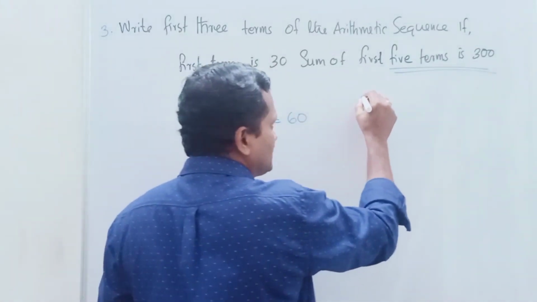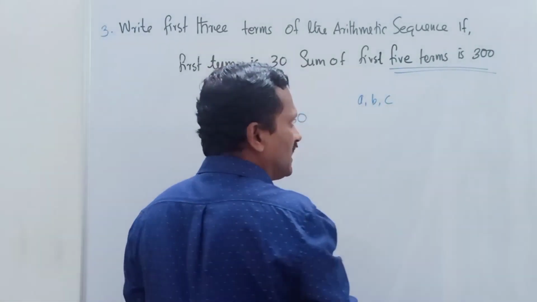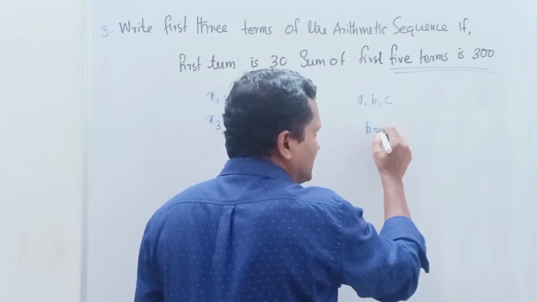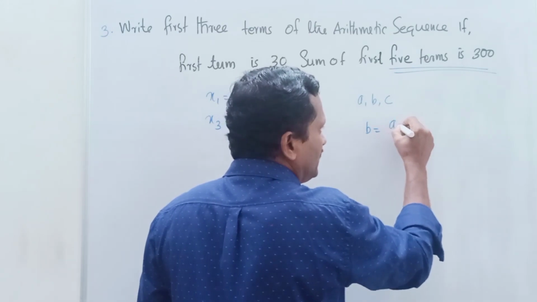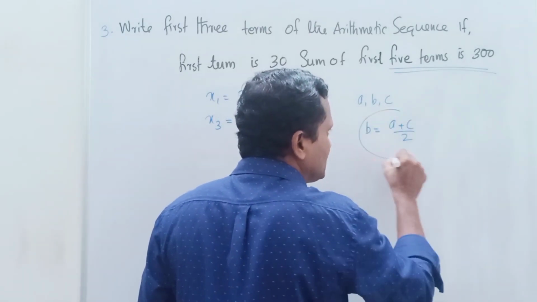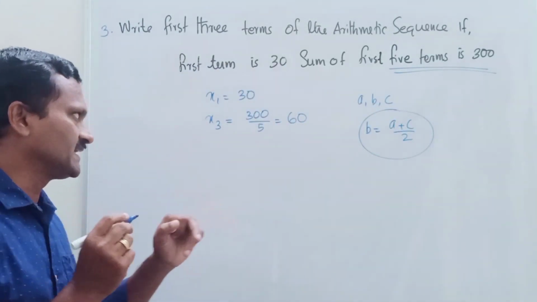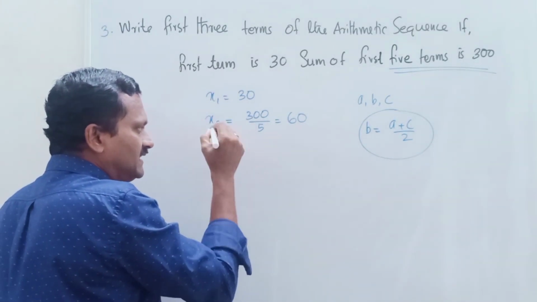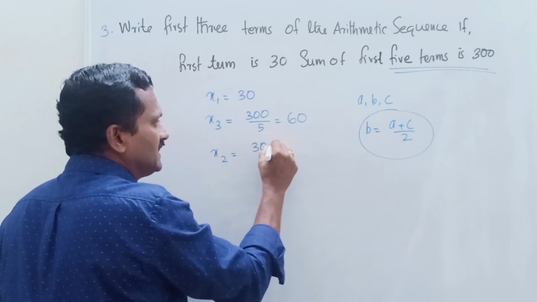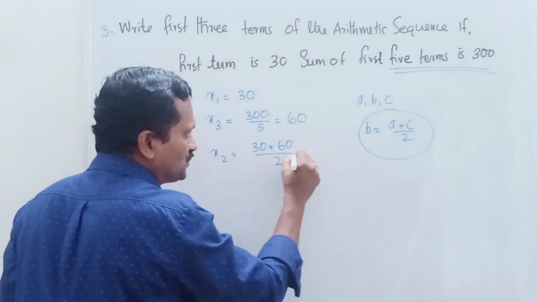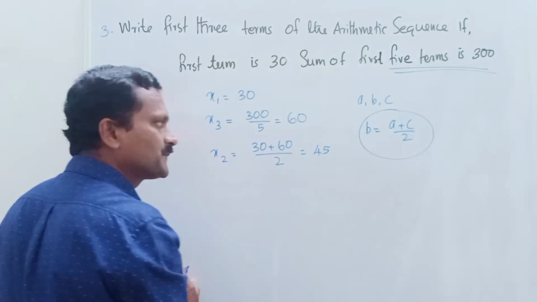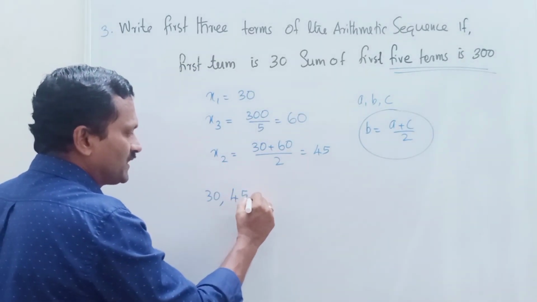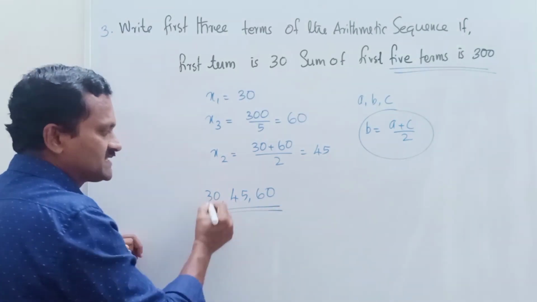Also we know that if a, b, c are three consecutive terms of an arithmetic sequence, then the middle term b equals a plus c by 2. Using this, here the first and third terms are given, then the second term equals 30 plus 60 by 2, that's equal to 45. Therefore, the first three terms are 30, 45 and 60.